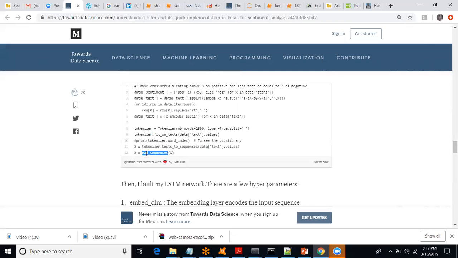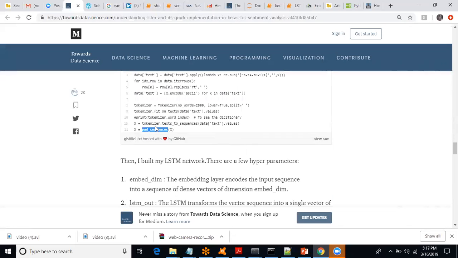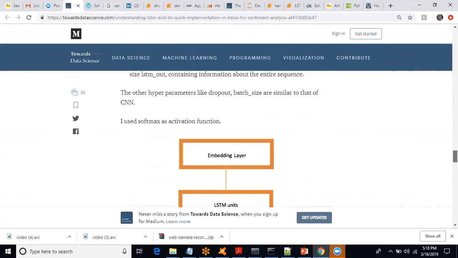All the memory units should be filled up, so this pad sequence will help in that. You use pad sequence to fill up empty cells with 0. Here the raw text we converted into one matrix, so if you take the length of x of 0, you will get your required input dimension.